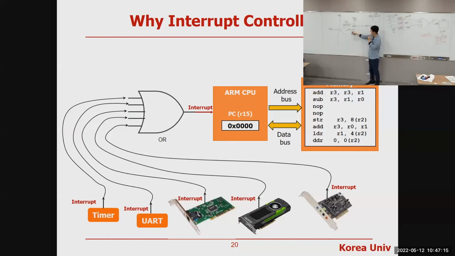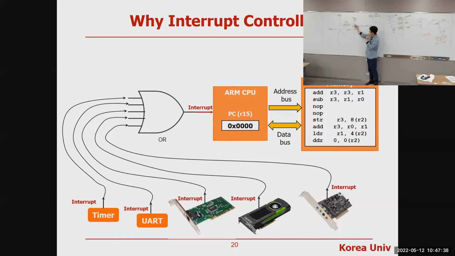Even though UART has the lowest priority, and this timer is the highest, you are supposed to finish timer interrupt processing first, then UART processing next. But priority got reversed in this case, right?